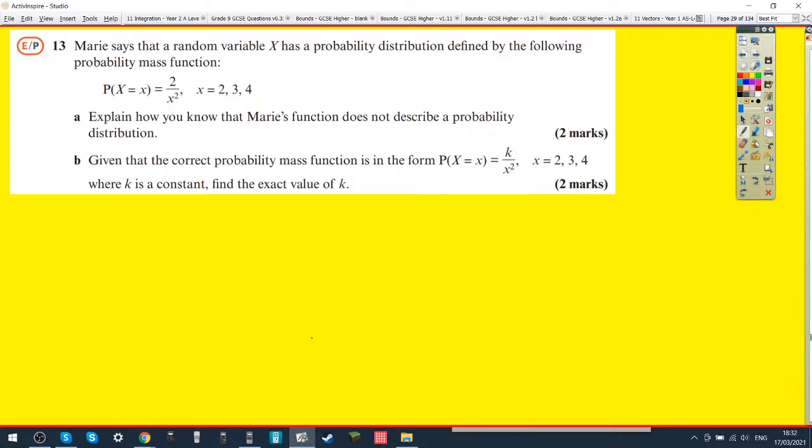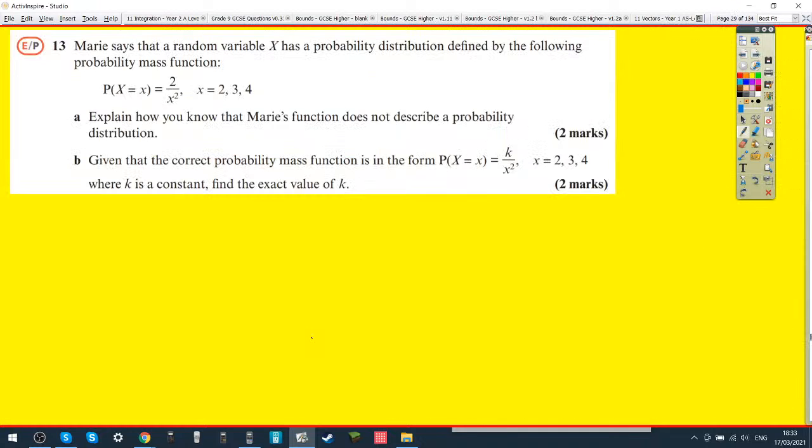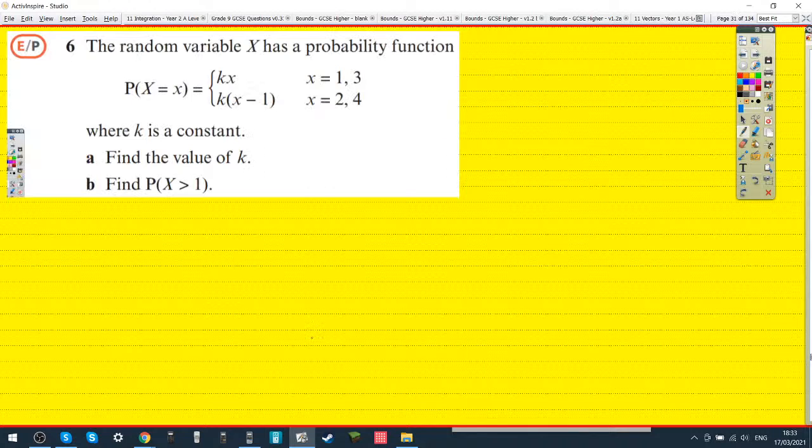Is it similar? Yeah, that's similar. Yeah, let's do this one.